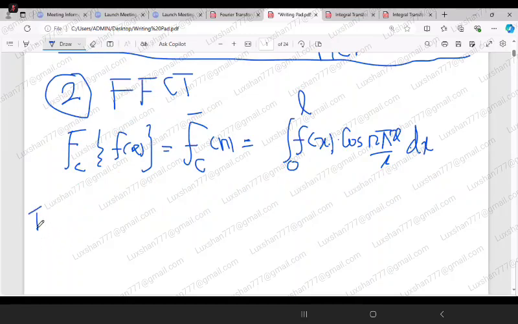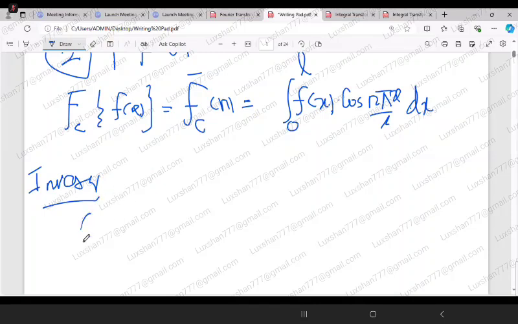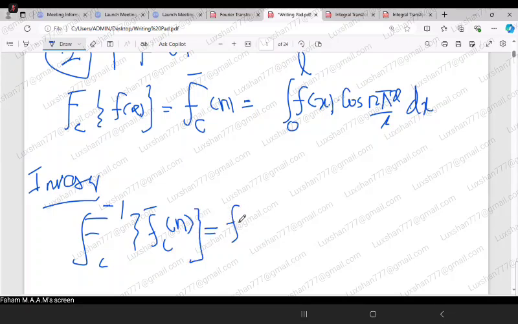The inverse, f inverse c of f bar c of n, is equal to actually our original function f(x), which is equal to, you have to be careful here. The first one is 1 over L, f bar c naught.